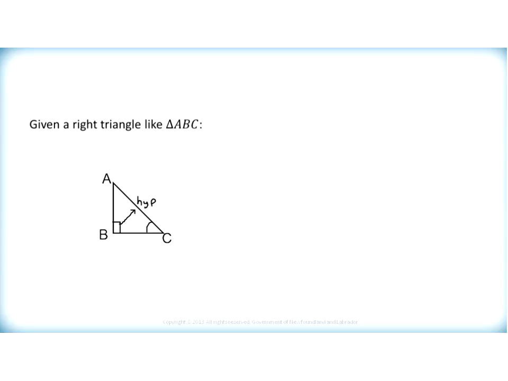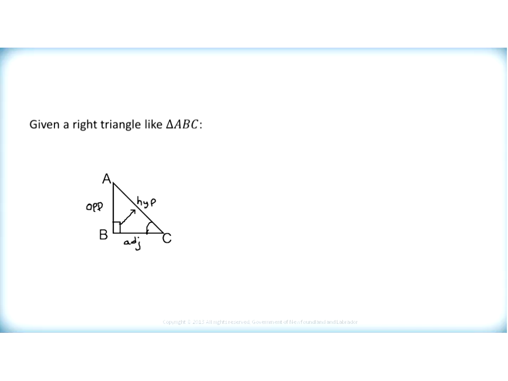So in terms of angle C, side AB doesn't touch it at all. That's considered the opposite side. And side BC is one of the two sides that make up the angle C. So it's not the hypotenuse, but it does touch angle C. So this is going to be called the adjacent side.